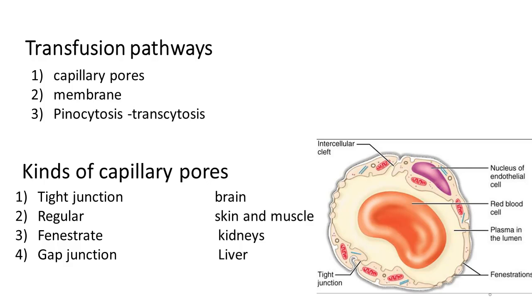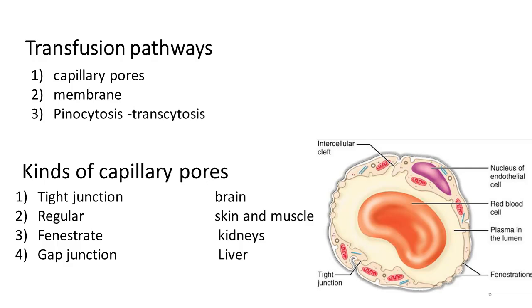The other kind of capillary is very regular in our body, and it is seen in many organs such as skin and muscle. They have some kinds of pores or fenestrates, but they cannot transfuse large molecules.